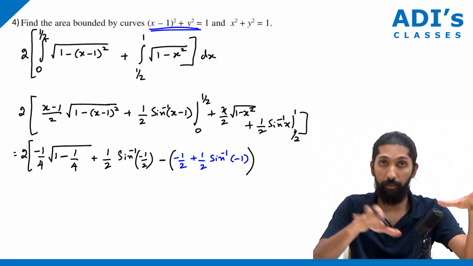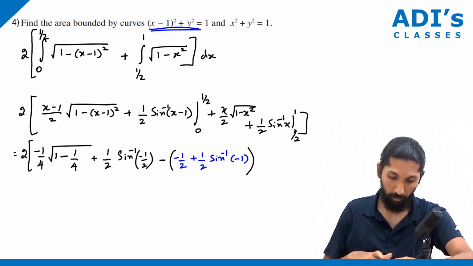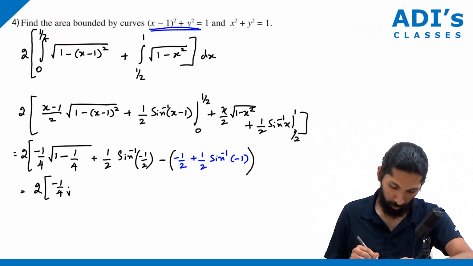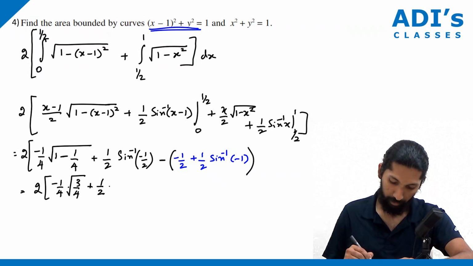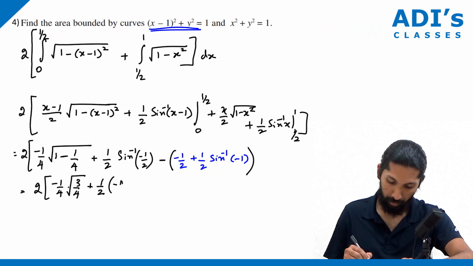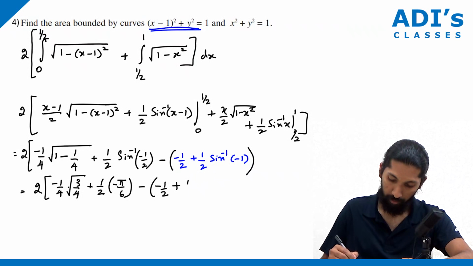We are not solving the second part yet. We'll come to the second part. So now what we are looking at is 2 times minus 1 by 4 into root of 3 by 4 plus half into sine inverse of minus 1 by 2, which becomes minus pi by 6, minus of minus half plus half into minus pi by 2.